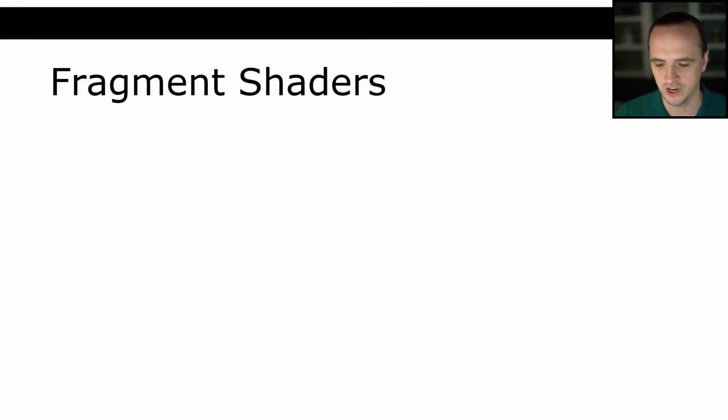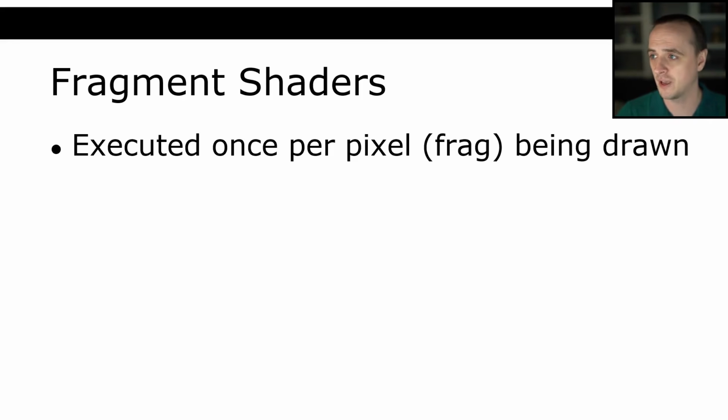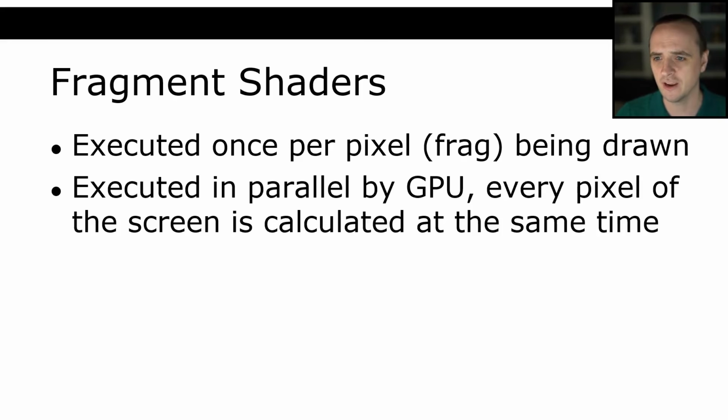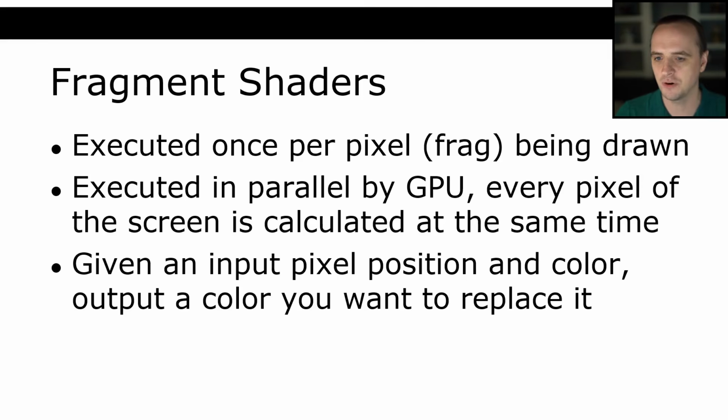Fragment shaders are executed once per pixel, or frag, being drawn. They're executed in parallel by the GPU, and every pixel of the screen is being calculated in parallel at the same time. Given an input pixel position and color, the fragment shader is going to be outputting the color that you want to replace it.